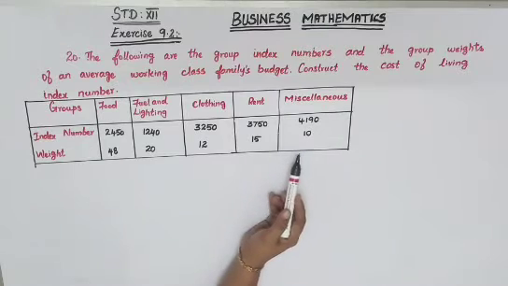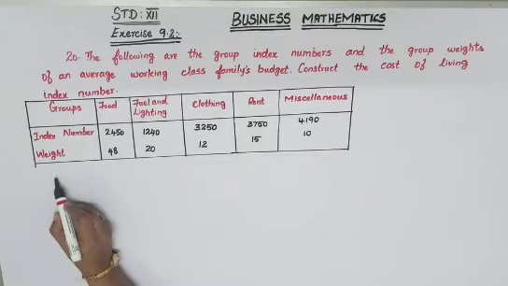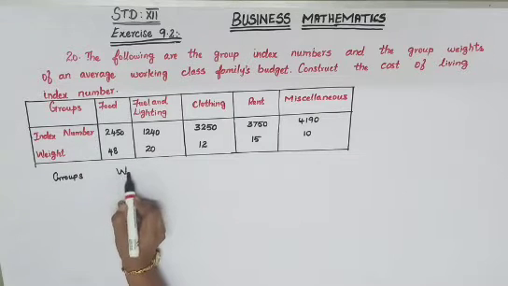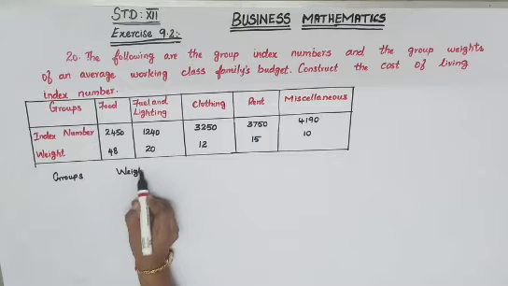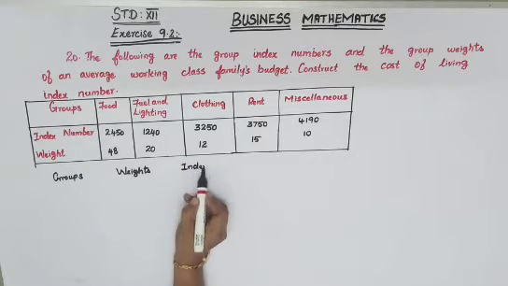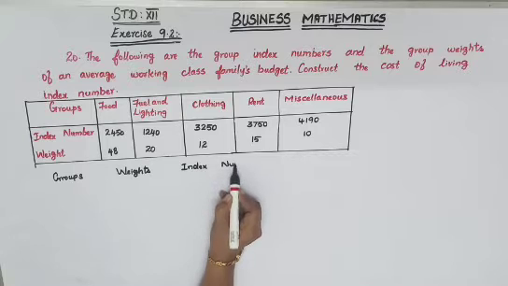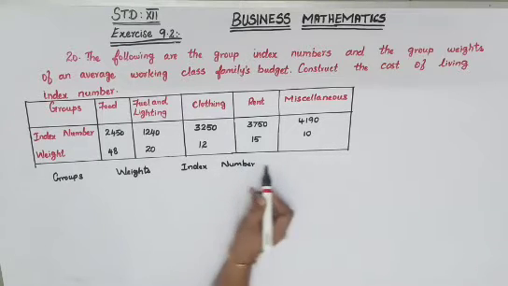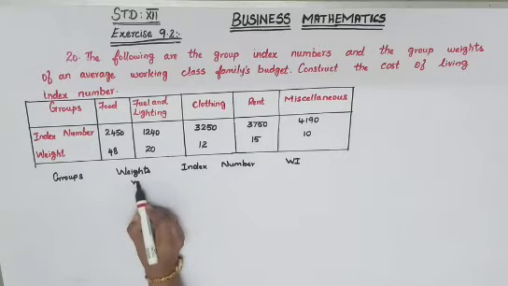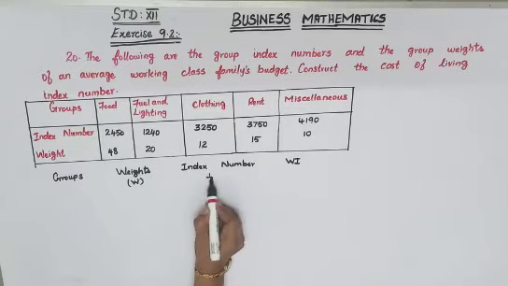Okay, we can rearrange the data as groups, weight, index number, then WI. Weight is your W and I is your index number.